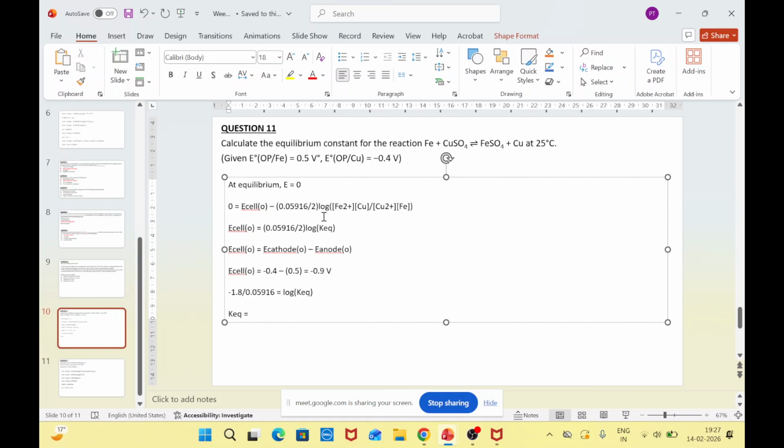Fe gives Fe2+ 2 electrons, and copper 2+ accepts those 2 electrons to form copper. And 0.9 times 2 is 1.8.